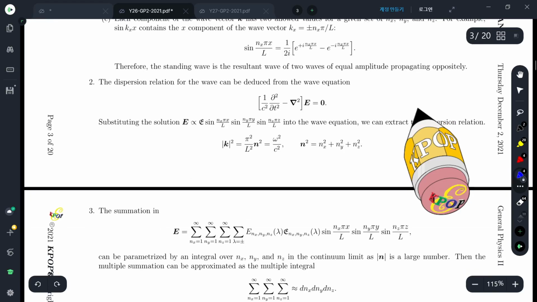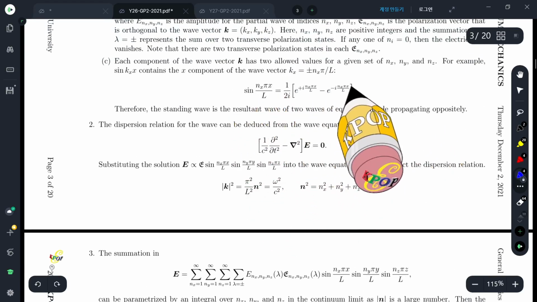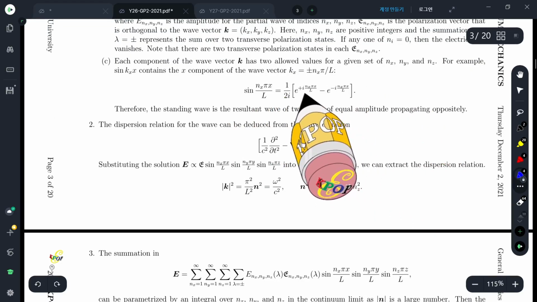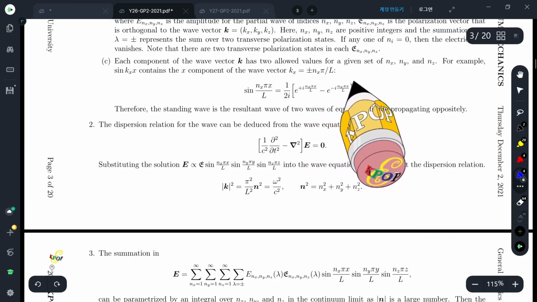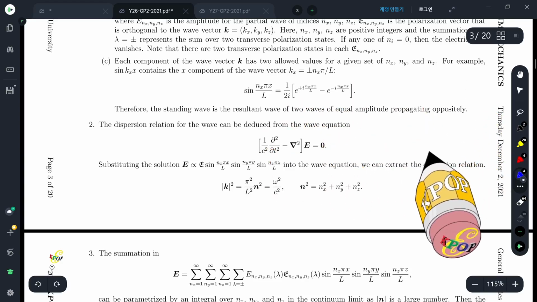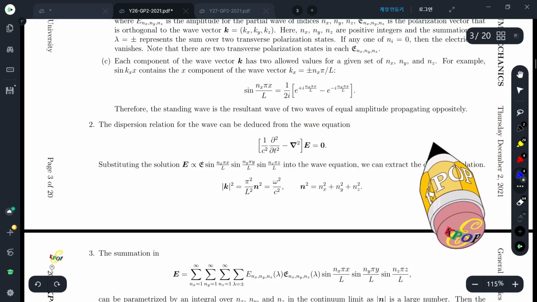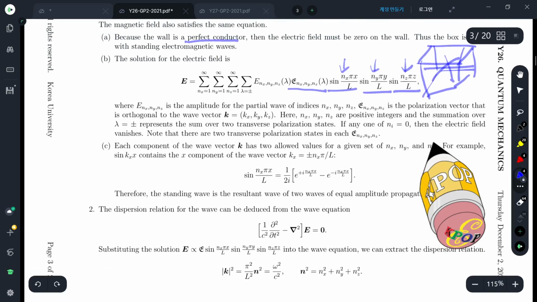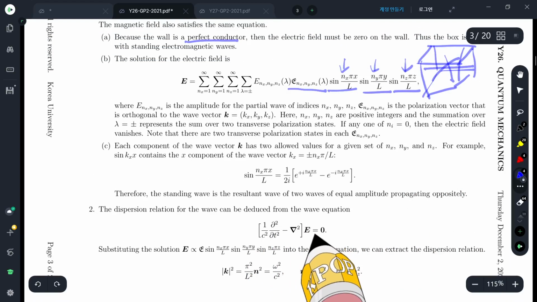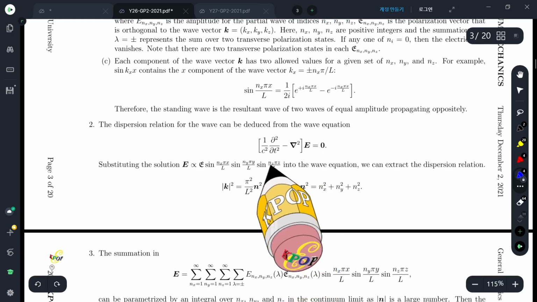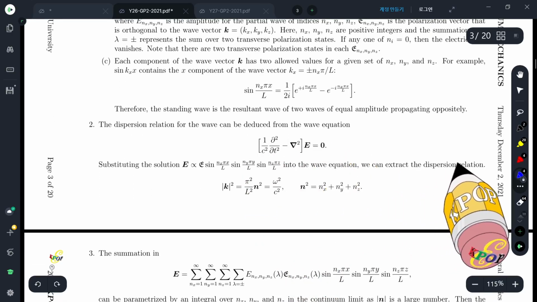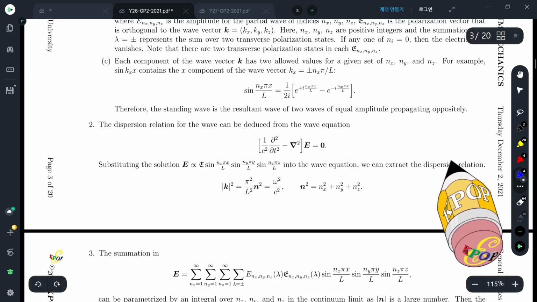So this sine can be rewritten as a simple expansion of the exponential of a forward and backward wave that results in the standing wave in three directions. We substitute this into the wave equation. This is the resultant wave equation coming from Maxwell's equations we already obtained. In the vacuum, both the electric field and magnetic field satisfy the same kind of wave equation.